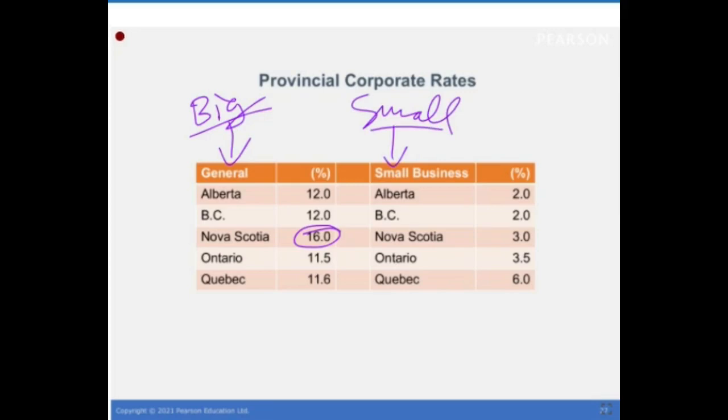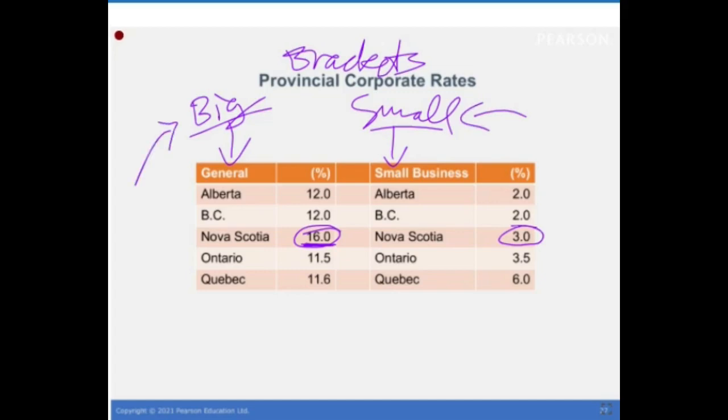Nova Scotia, 16% and 3%. Look at that big 16. That's the additional tax you pay. If for your income that is not, these are big, you can call these your two brackets, if you will. So you might pay some tax at the small business level and some tax at the big business level.